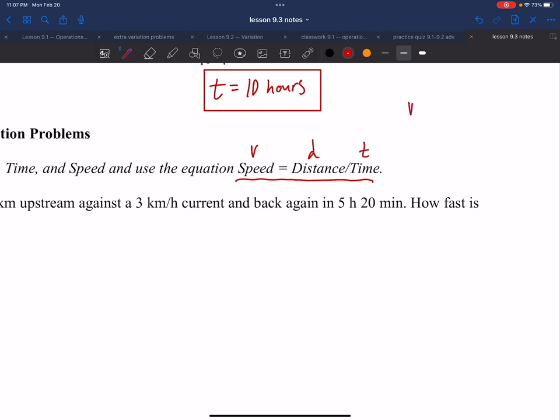Velocity is distance over time. Well, then if you wanted to figure out time, then time is distance divided by velocity. And if you wanted to find distance, distance is velocity times time. And so you can use these three equations to set up these problems depending on the information you're given.